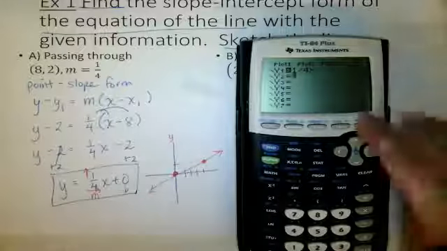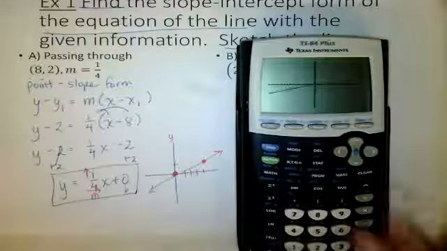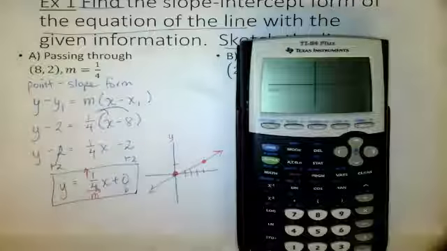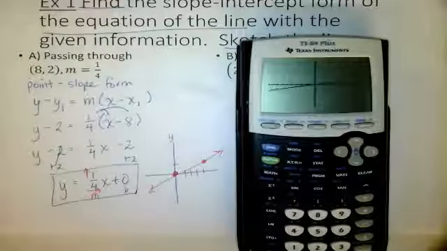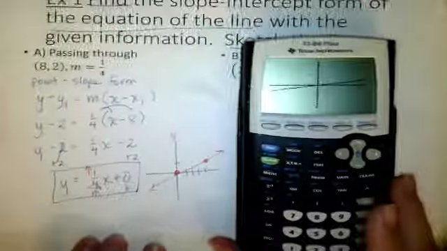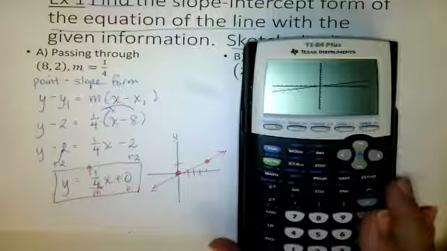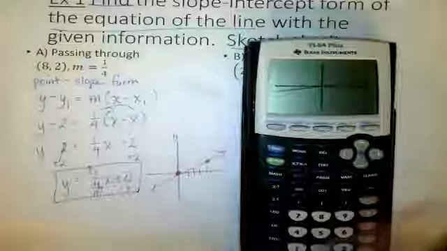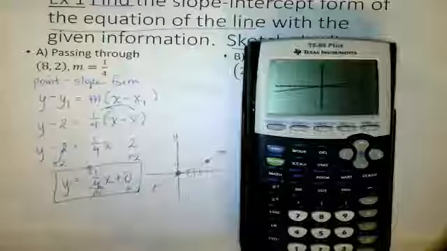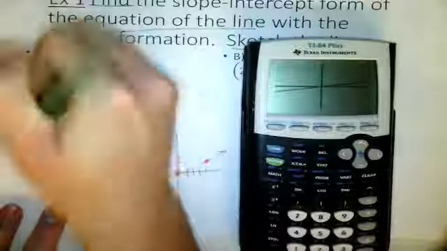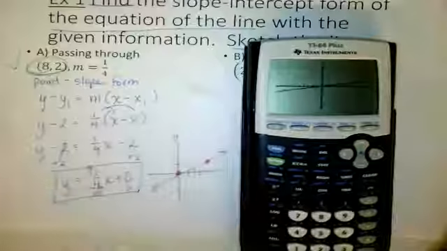And as I graph that equation, I can graph that equation. First of all, the overall look of the line is pretty close to what I sketched. What I really would like to do is check that it passes through this point, because it should pass through the point 8, 2.